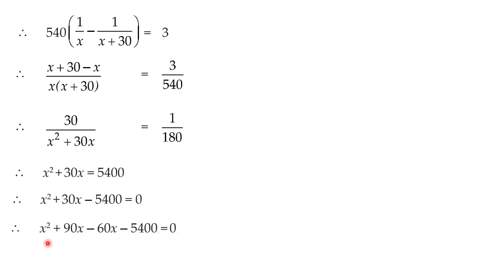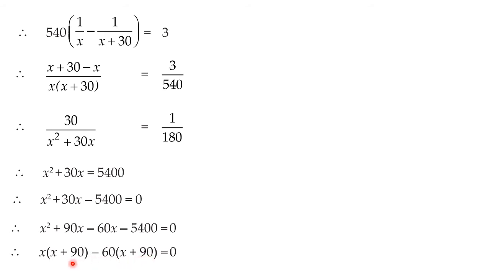Now take out common. From these two we can take out x common, and from these two we can take out minus 60 common. See, minus sign also we have to take out common. So when we are taking x common here, inside the bracket we will get x plus 90, and when we are taking out minus 60 common here, again inside the bracket we are going to get x plus 90.